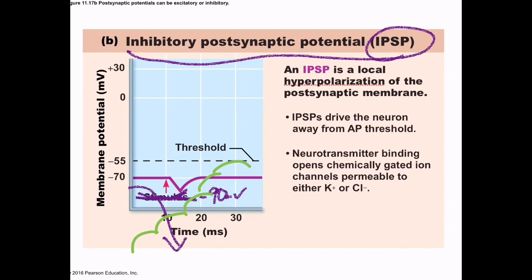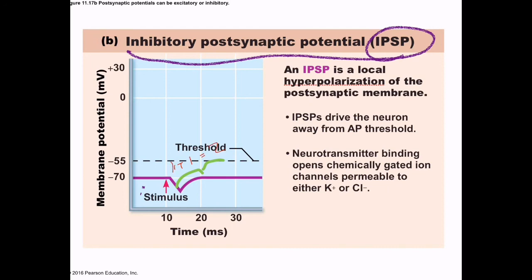And so this idea of summation comes into the mix. You can see here, if we have a really low potential, brought close to like negative 90, for example, then we're going to need at least a couple of stimuli. We're going to have to summate. Remember, 1 plus 1 equals 2.